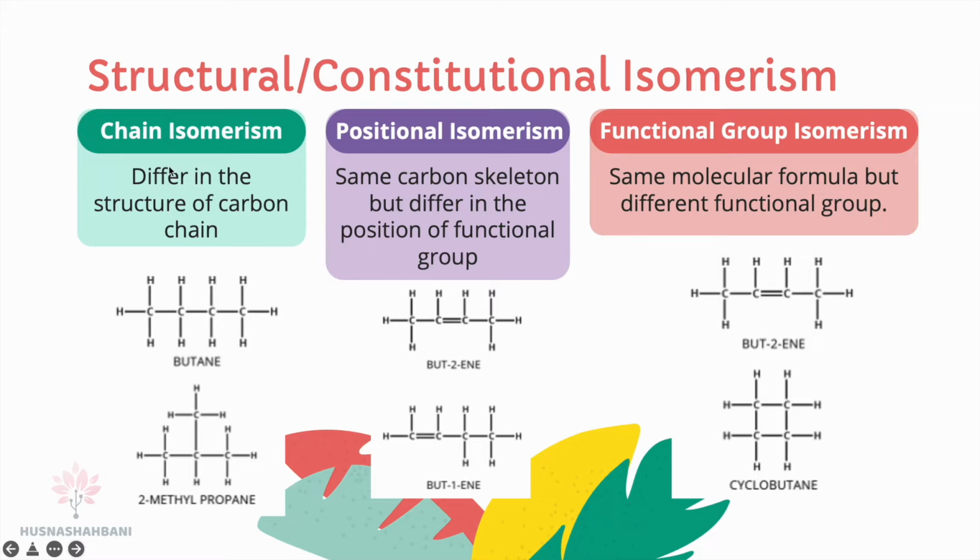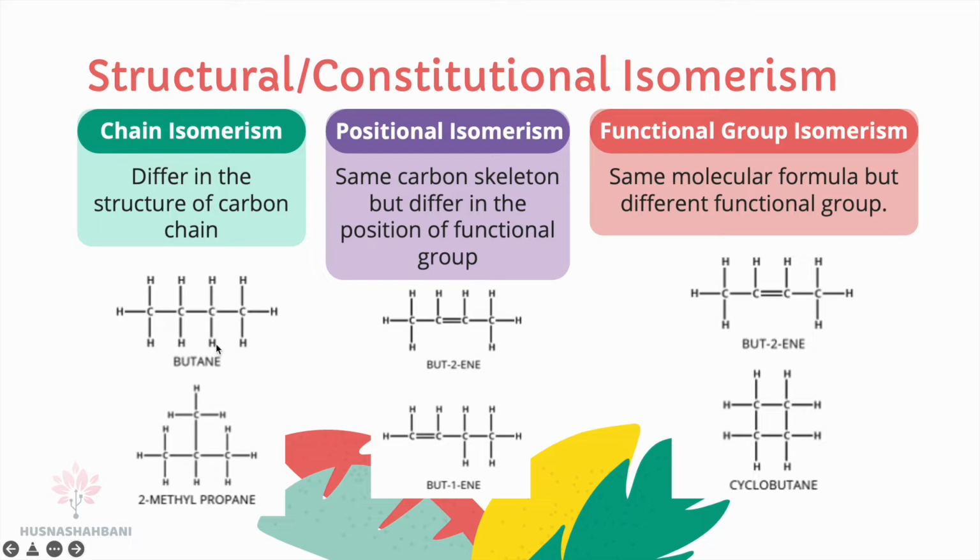Chain isomerism differs in the structure of the carbon chain. For example, the straight carbon chain here: C bonded to another C, bonded to the third carbon, bonded to the fourth carbon. So a straight chain, 4 carbons in total, and we call it butane because its class of compound is alkane. So 4 carbon butane.